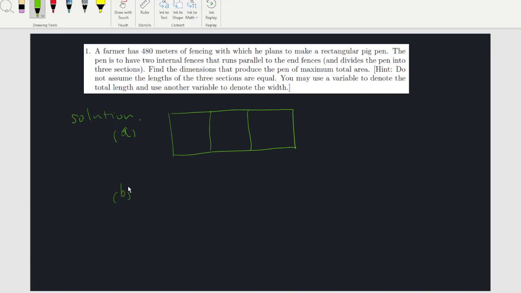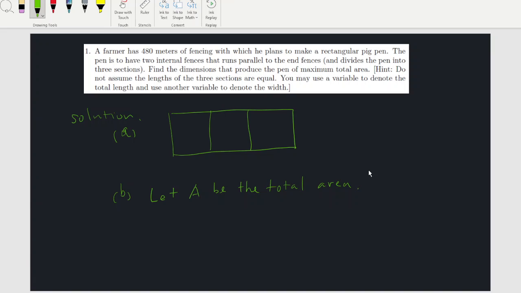We are going to use uppercase A to denote the total area. So we say something like, let A be the total area of the pig pen.